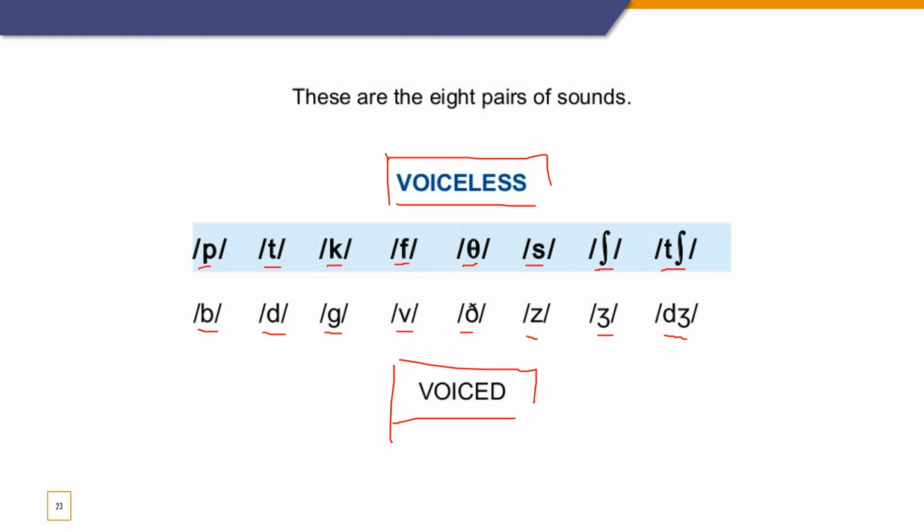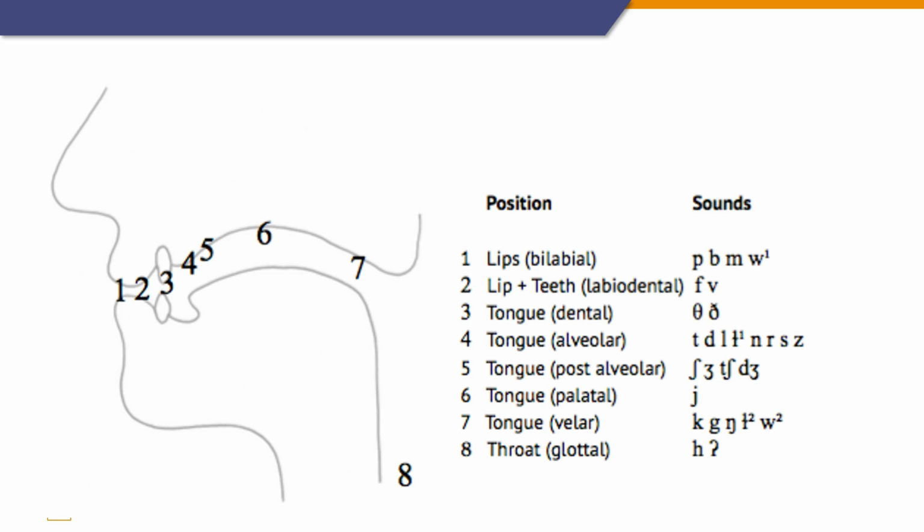Okay. There are also 8 pairs of positions to make these consonant sounds: with your lips only, with the combination between your lips and your teeth, for example.